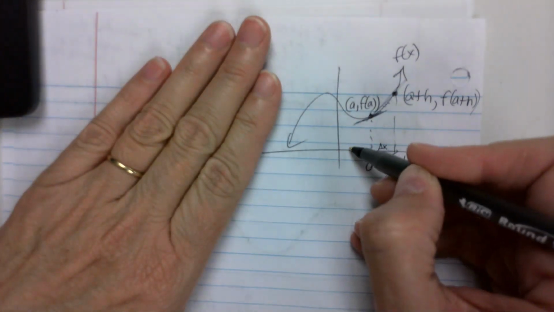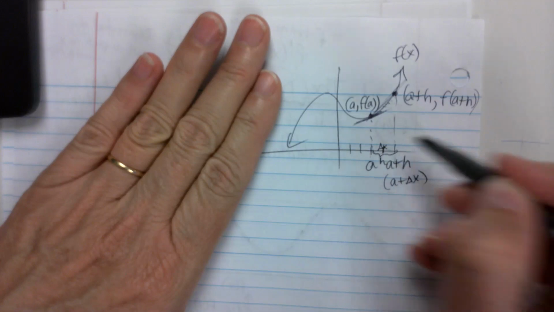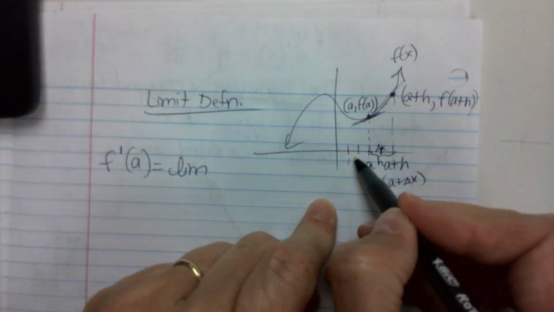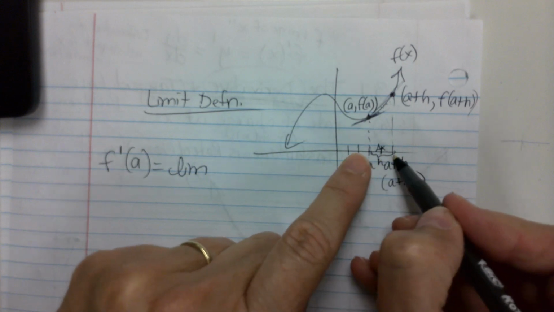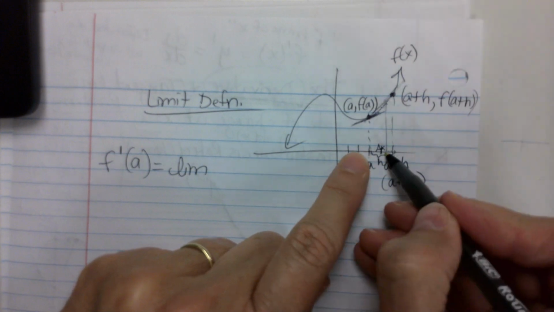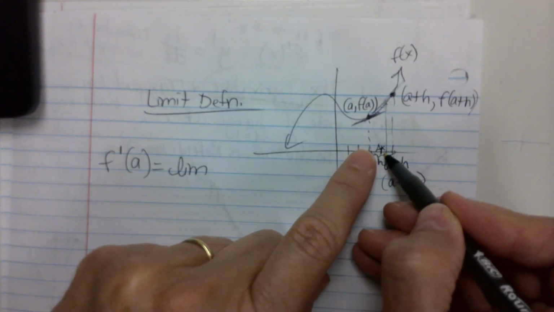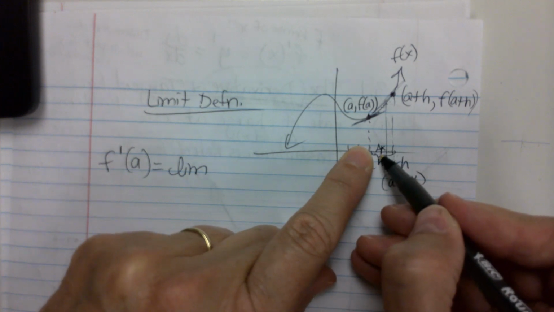Hang on, I'm trying to make you get this. Right now, my a is like at 2. My a plus h is at 4. What is happening as I move that point to the length of delta x or h? Shrinking and getting closer to what?